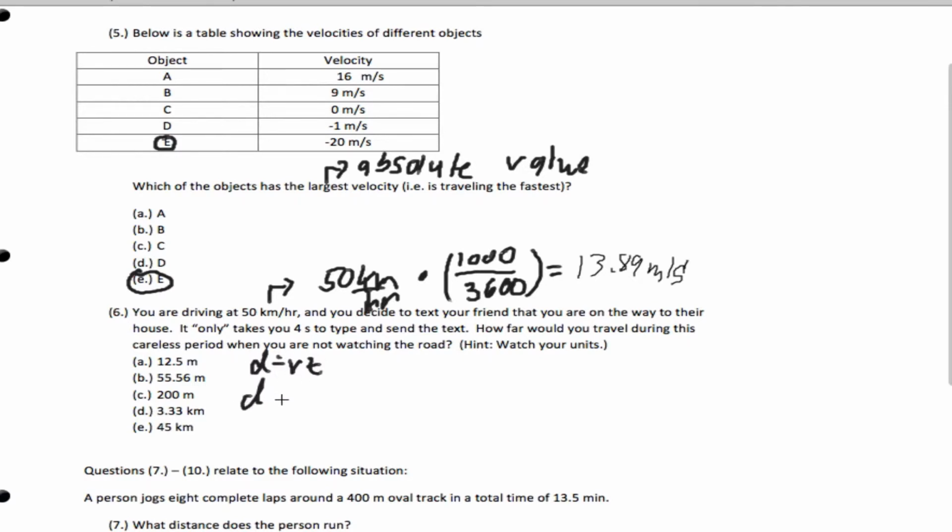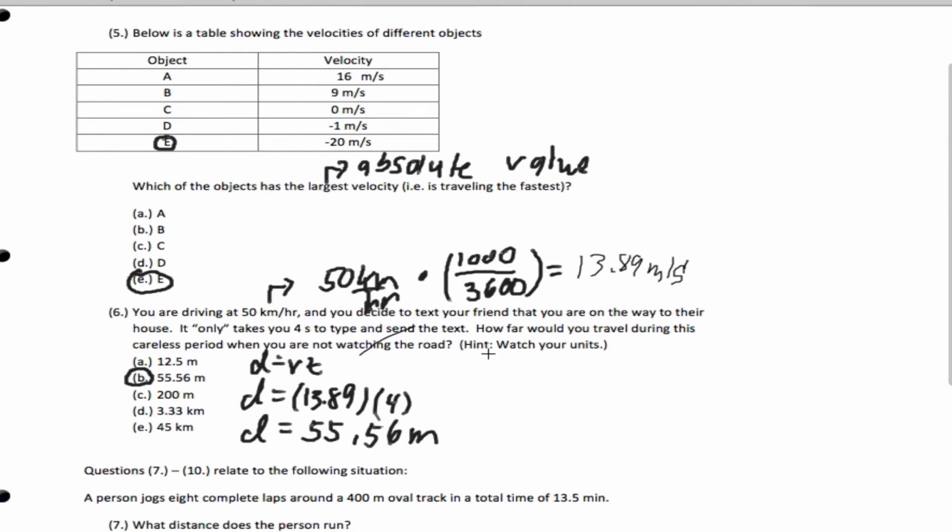So now we can go ahead and calculate using the formula d equals rt. If you'd like, you could use d equals 13.89 times t, which is 4. And that's going to give us, if I have this right, about 55.56 when I do this math. Yep, 55.56 meters.